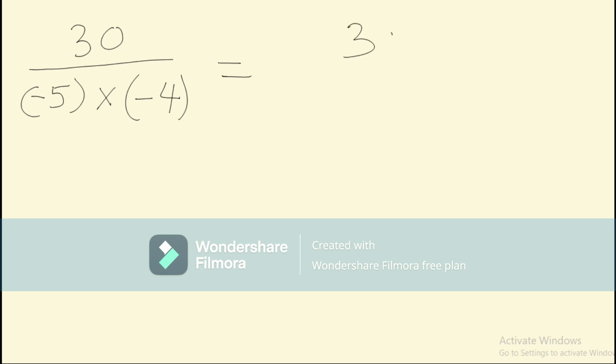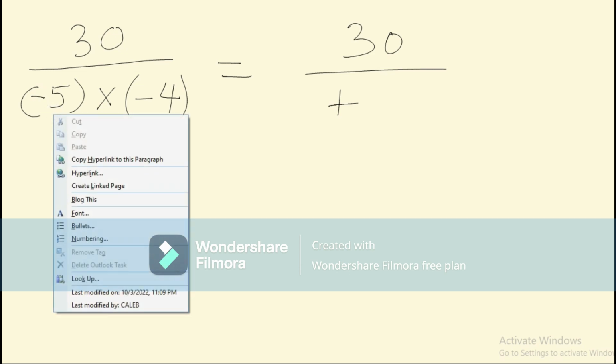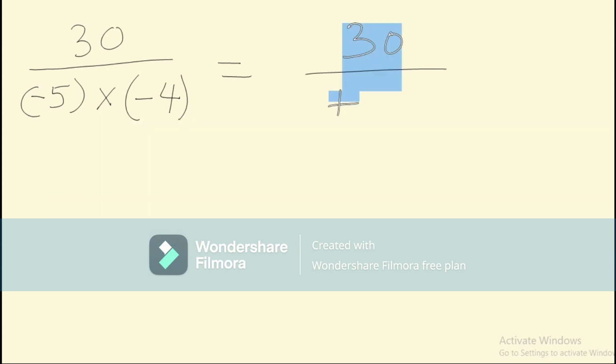The numerator here is 30, now look at the denominator, minus times minus, that's plus. 5 times 4, that is 20. Don't forget that the numerator here is a positive.